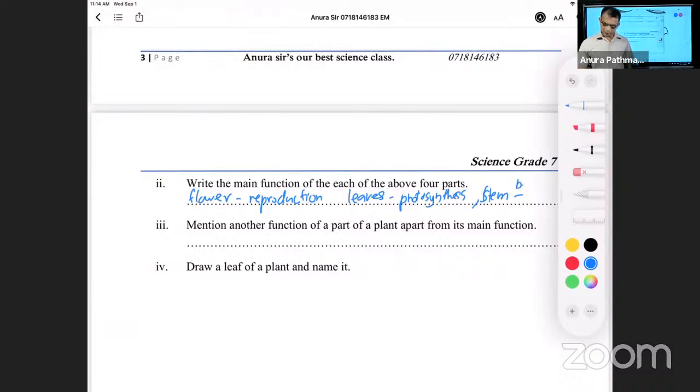Stem bearing leaves, so and so. Fruits and branches. Fixing the plant to the soil. Transport food and water. Yeah, fixing the plant to the soil.